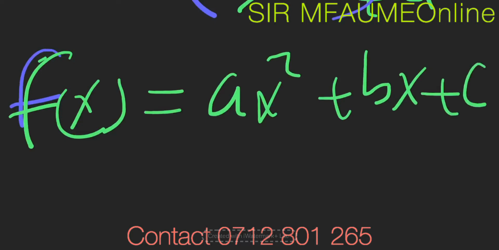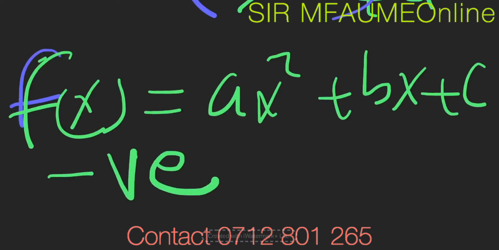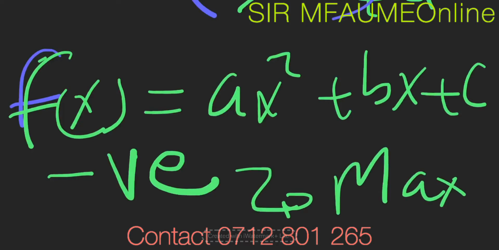To find out whether this is a maximum or minimum value, you are supposed to look at the value of a, the coefficient of x squared. When the coefficient of x squared is negative, then that function provides the maximum value. From there you will get the maximum value of the function.